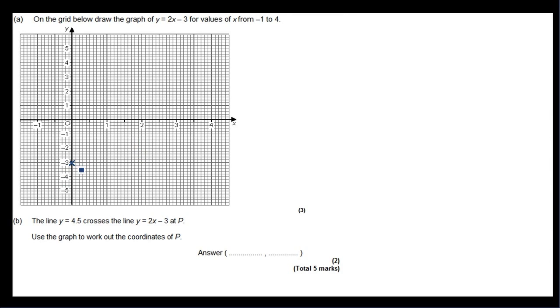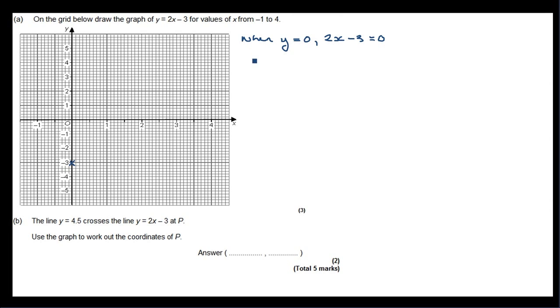Now, where is it going to intersect with the x-axis? Well, it's going to intersect with the x-axis when y equals 0. So when y equals 0, the expression 2x minus 3 must also equal 0, and all we need to do is solve this equation.